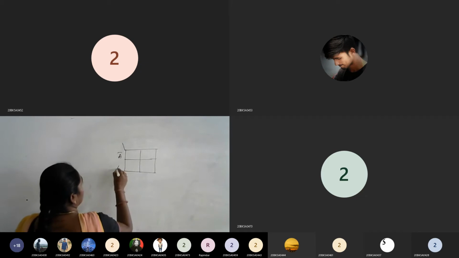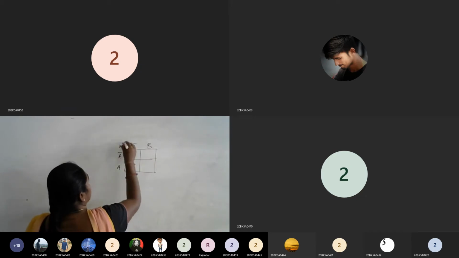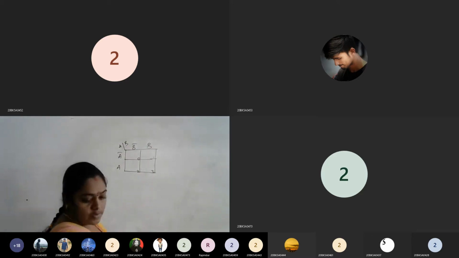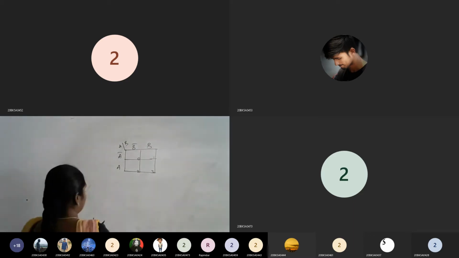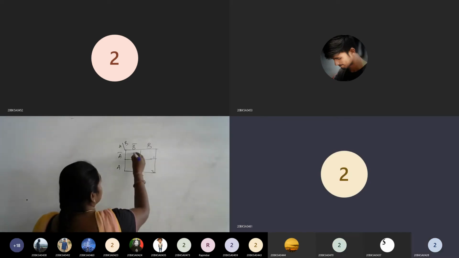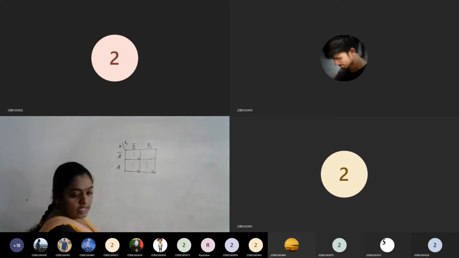This is A bar, A, B bar, B. What are the numbers given in the question? 0, 2, 3. Tell me which are adjacent.